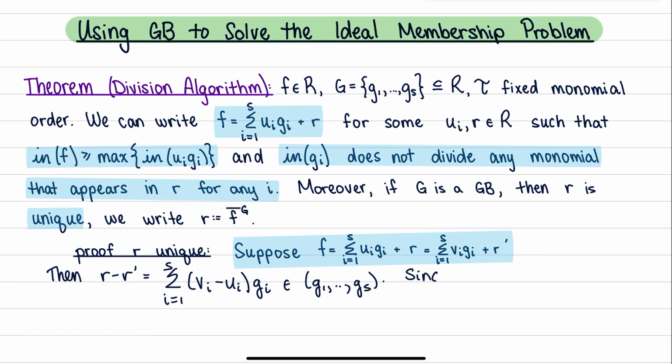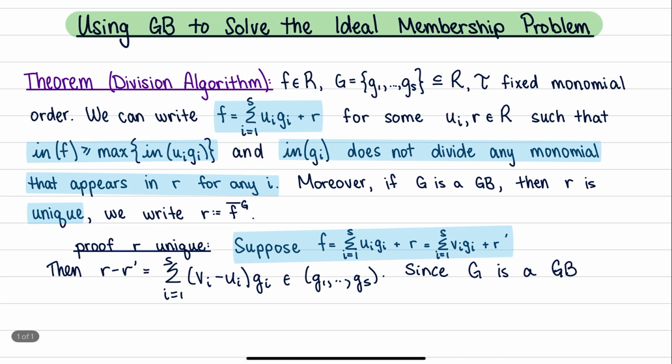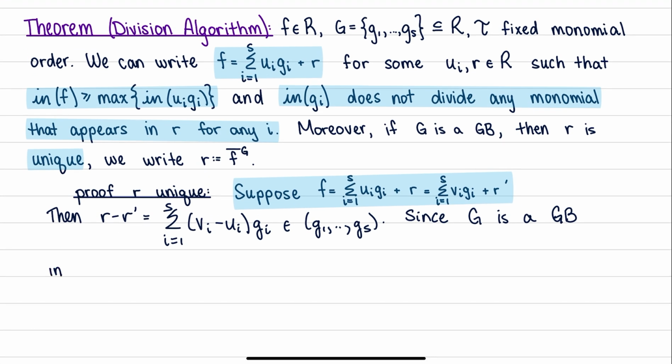Now, since G is a Gröbner basis, the initial terms of the g_i's generate the initial ideal of this, and this element is in here. So the initial term of r minus r prime is in the ideal generated by the initial terms of the g_i's.